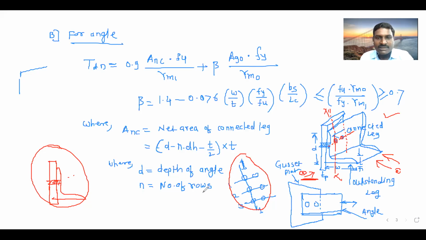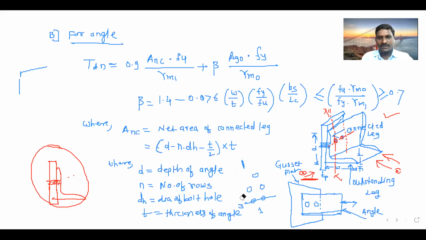That n is the number of rows in the angle. Then Dh is equal to the diameter of the bolt hole, and t is again the thickness of the angle. So are you getting this? N is the number of rows.